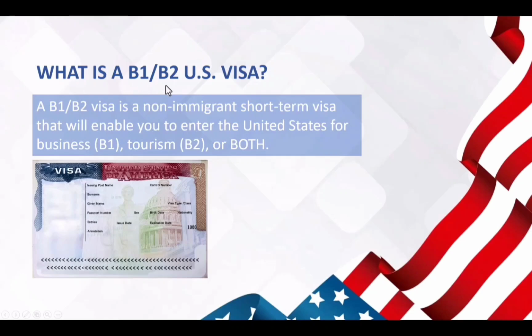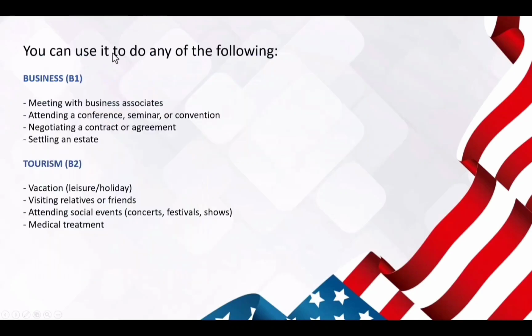What is a B1 B2 US visa? A B1 B2 visa is a non-immigrant short-term visa that will enable you to enter the United States for business B1, tourism B2, or both. You can use it to do any of the following: business or B1, meeting with business associates, attending a conference, seminar, or convention, negotiating a contract or agreement, settling an estate.